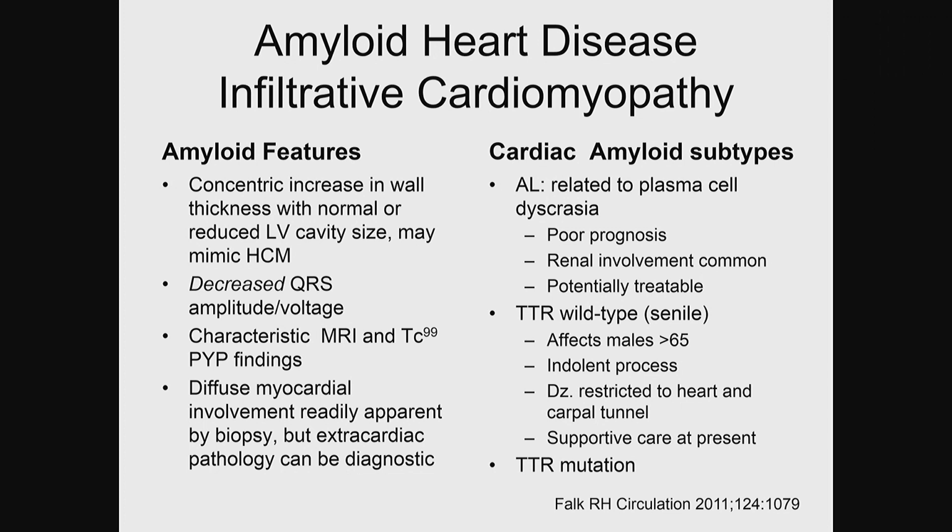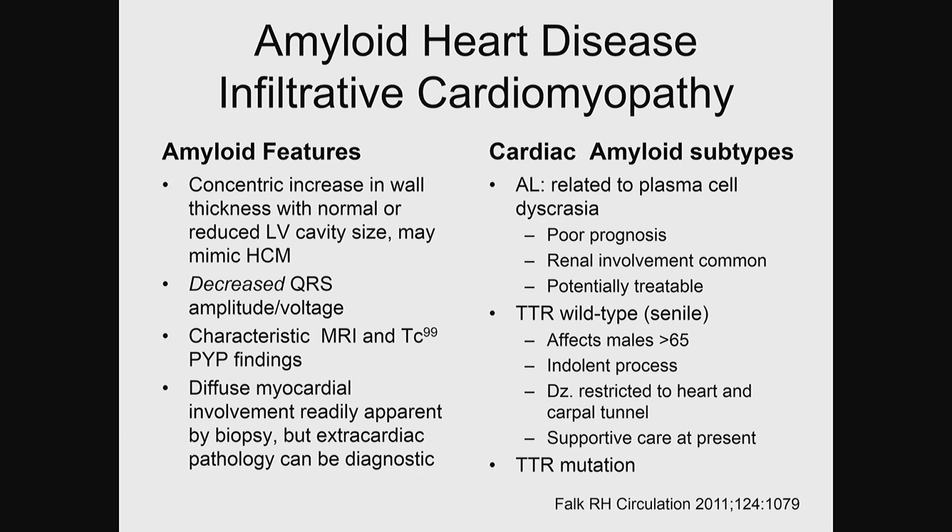However, extracardiac pathology can be diagnostic, and utilizing multimodality cardiac imaging, the majority of patients can be diagnosed without resorting to biopsy. The three major subtypes of cardiac amyloid are AL, which is caused by a plasma cell dyscrasia and is sometimes known as primary amyloidosis. This disorder is characterized by markedly poor prognosis and often involves renal involvement.